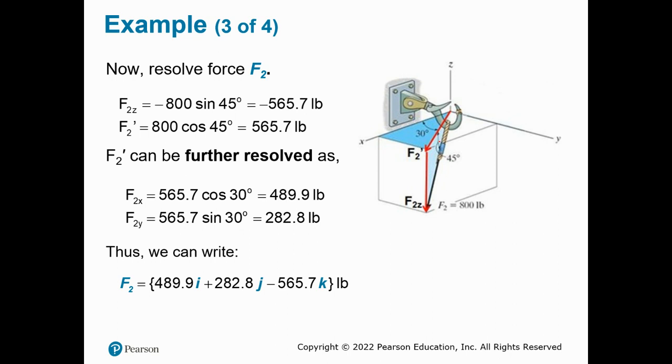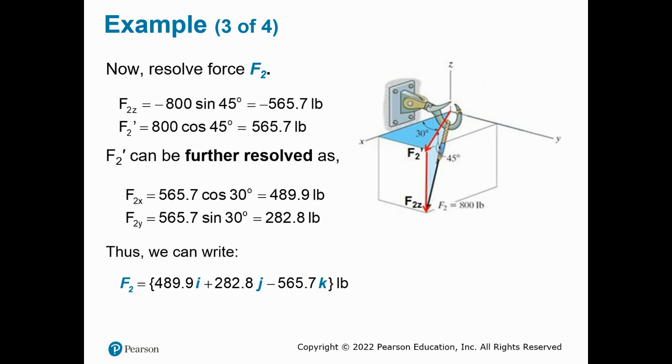Using that 45-degree angle, we can find out what that is. And because it's going down, it's got a negative value. And then F2 prime is the diagonal on that XY plane. It's going toward the positive direction on both the x and the y, so F2 prime is positive.